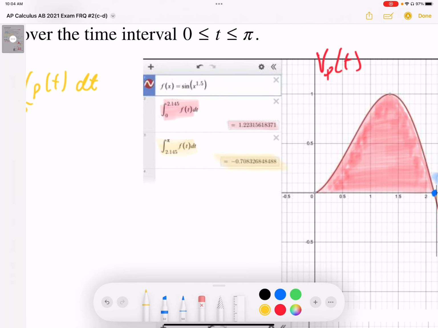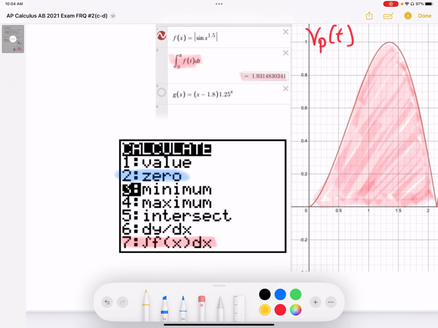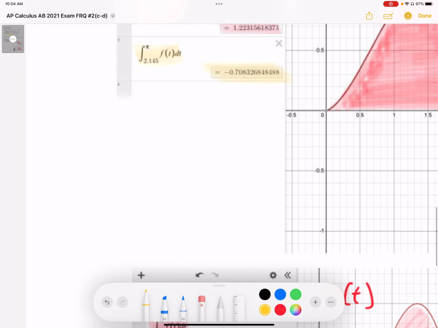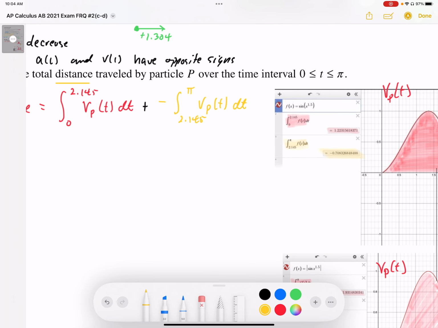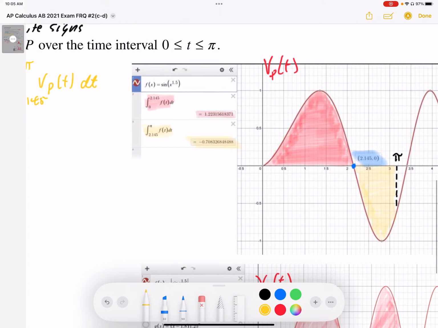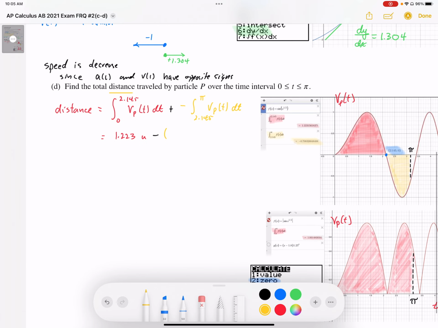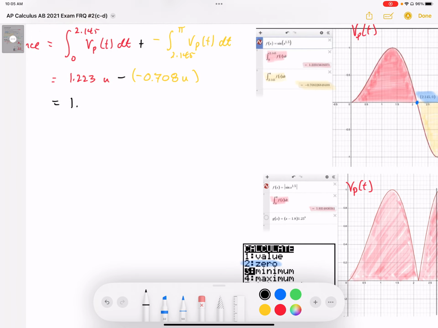And when we calculate that, again, we're going to use the integrate function. Okay, we're going to use number 7, the integral of f of x dx, and we get the area above is 1.223, so that's equal to 1.223 units, plus the opposite, I'm just going to write that as minus, and that area is going to be negative 0.708, and combining those together, we get the total distance as 1.931.